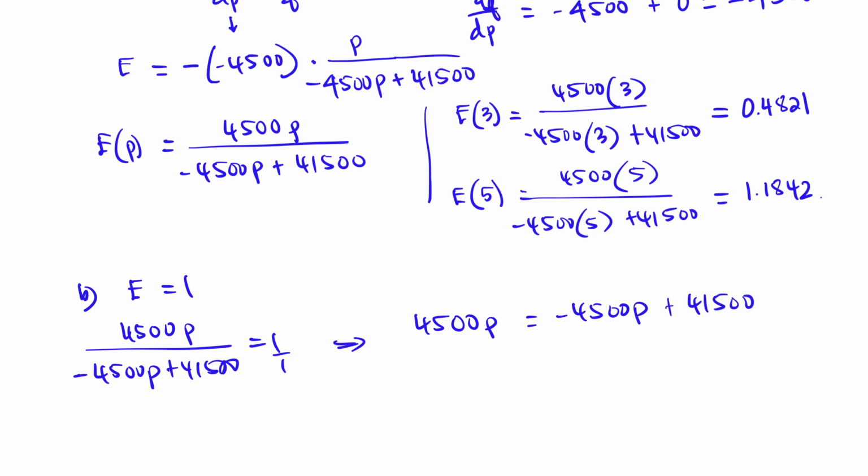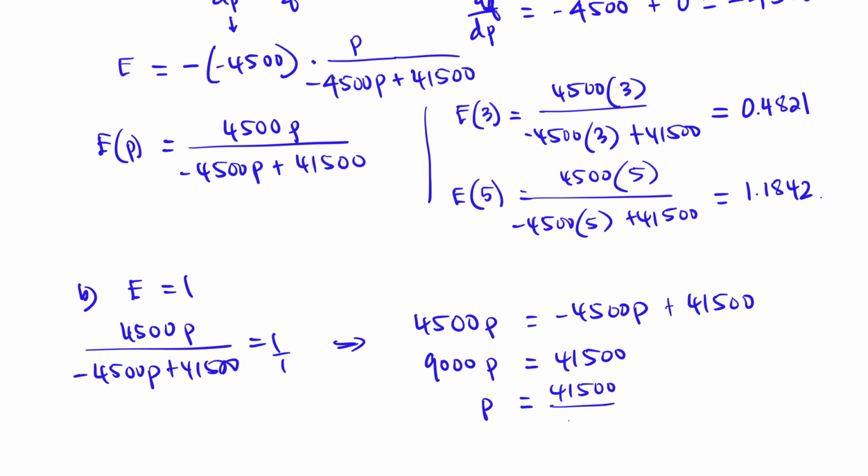Adding 4500p to both sides of the equation, we will get 9,000p equals 41,500.